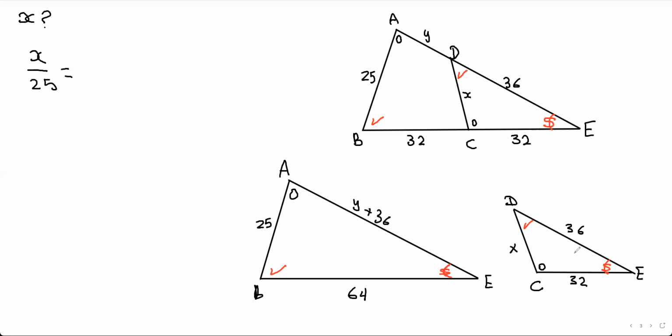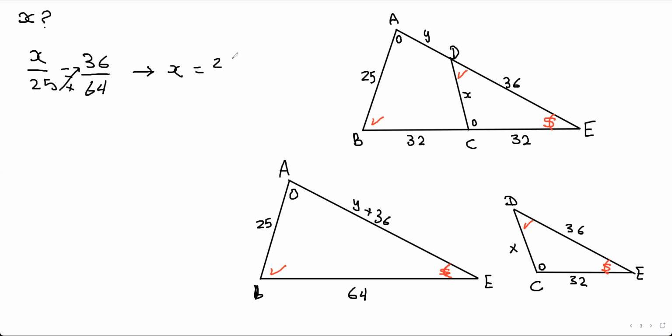And since x was first on top here, the 36 is going to be on top right here, over, and from the little check to the shared angle is 64. So that's over 64.